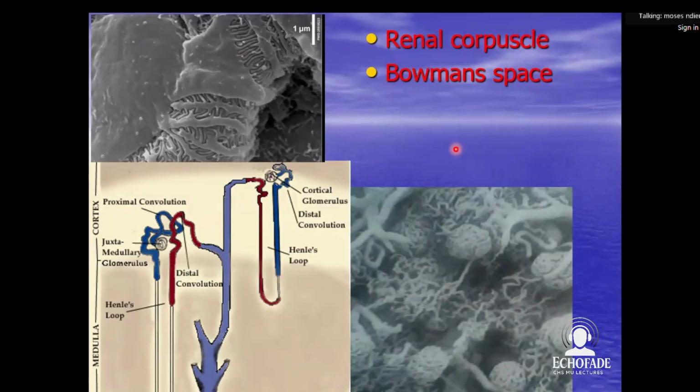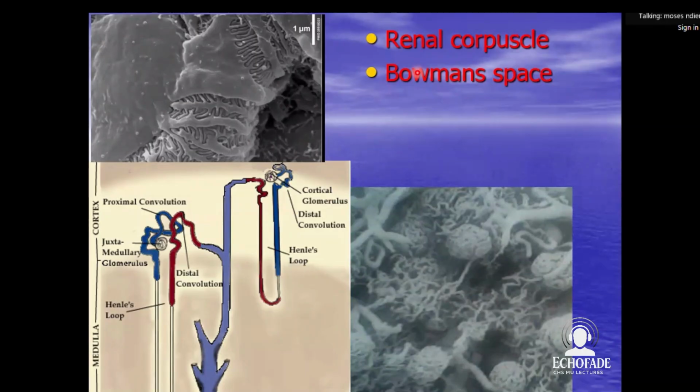Then we have a Bowman's corpuscle, which comprises two parts. An outer part that we refer to as the parietal part, a cup-shaped structure, forming something like the outer part of the cup.